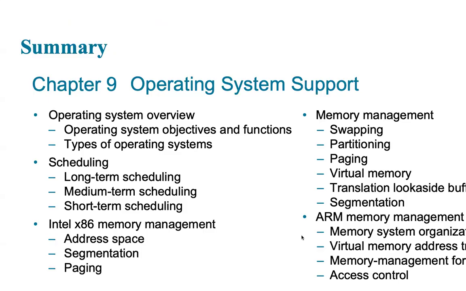We get a chance to see a little bit of that when we think of memory management. We talked about two manufacturers' approaches for memory management, the x86 and the ARM memory management. You could spend a little more time with a textbook thinking about those, but we're trying to both give some general concepts as well as talk about some specific implementations.